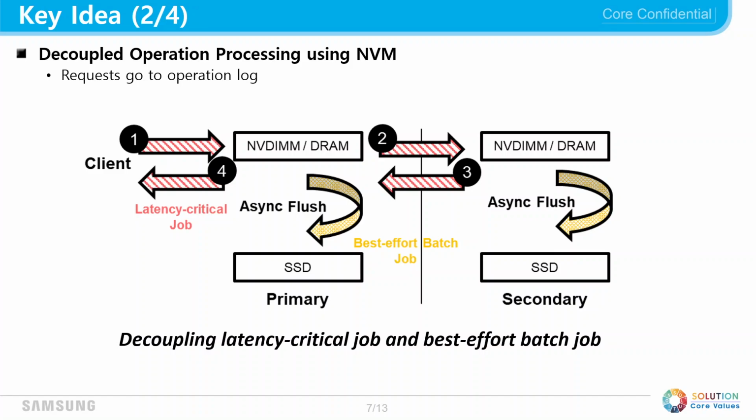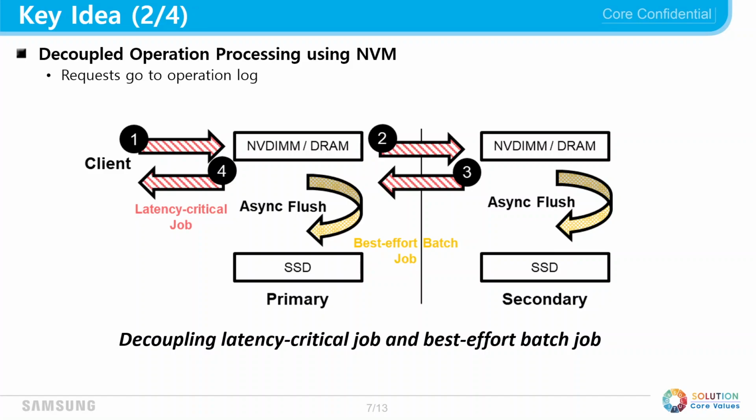To do that, our design handles the latency critical job, such as replication processing, using operation log, and handles the best effort job in a batch processing manner. This allows the replicas to give a fast response to the client.